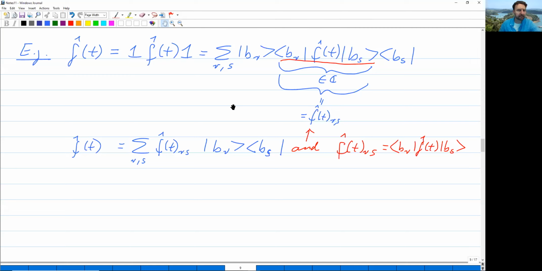Before we change bases though, I have to tell you that there is some subtlety that comes up in this. Because this is not like linear algebra in the sense that our Hilbert spaces are infinite dimensional. And new things happen here.